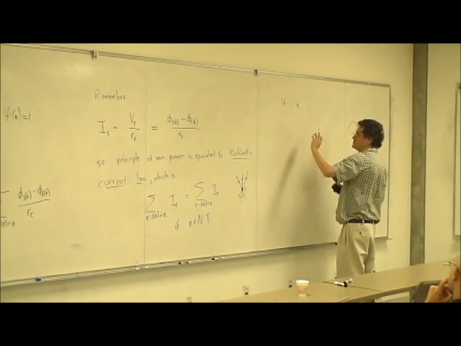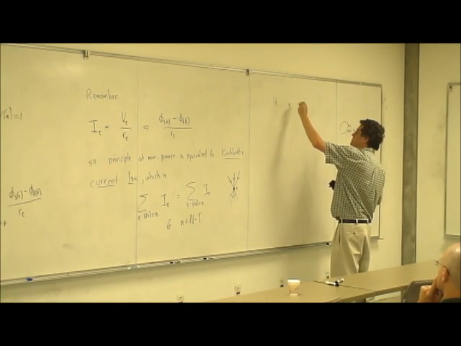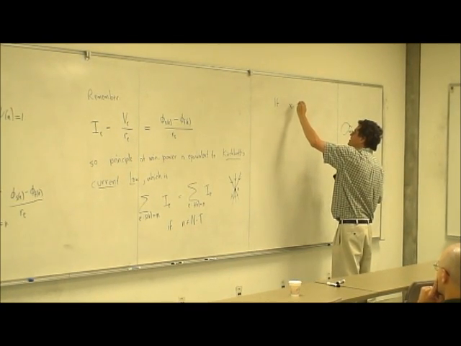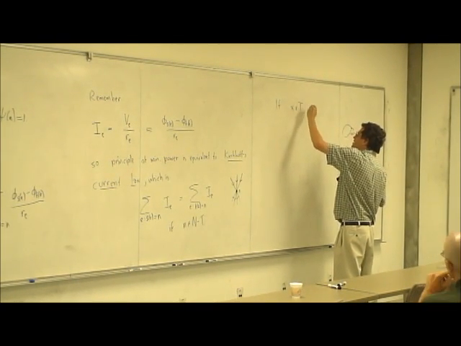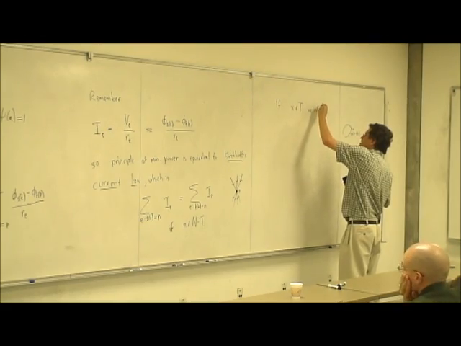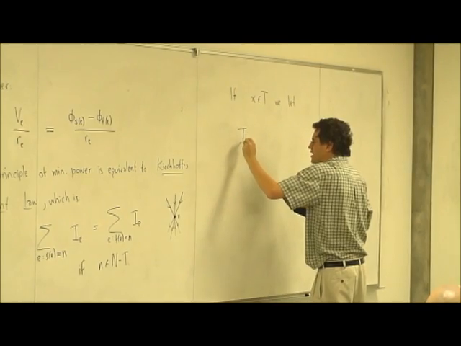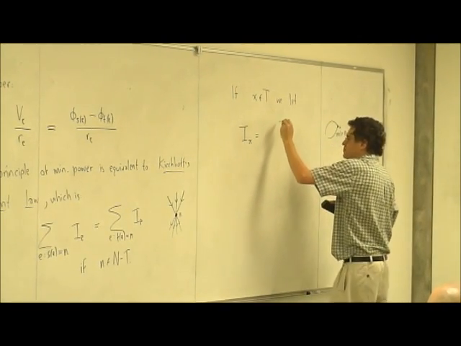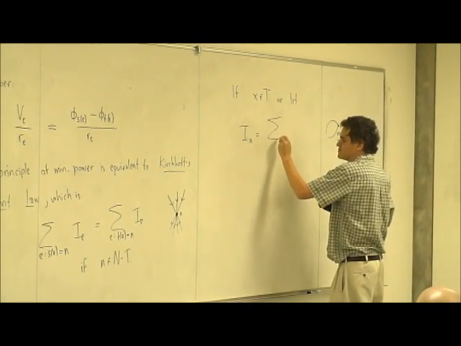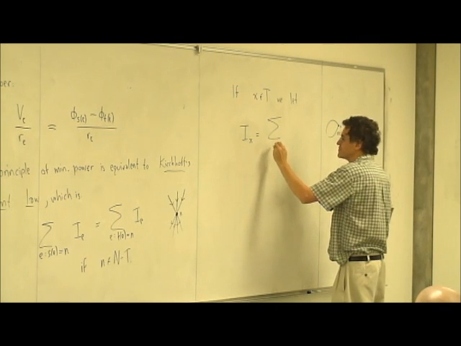I'm going to call it x, even though there was an x earlier in this calculation. This is a new x. Okay. So if x is a terminal, you let I sub x be the difference of these two quantities.